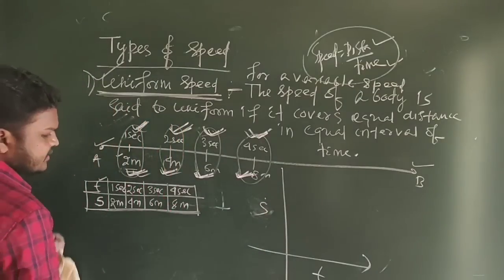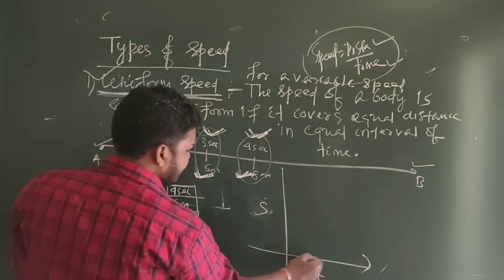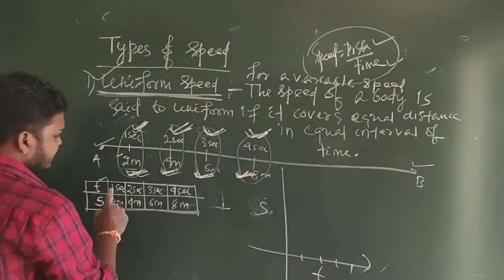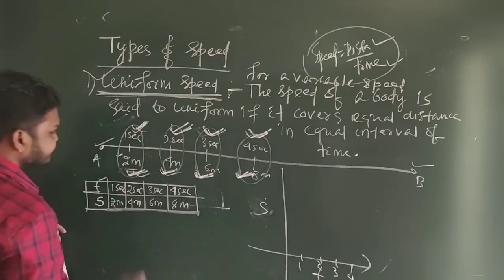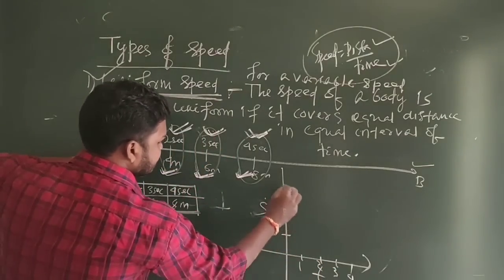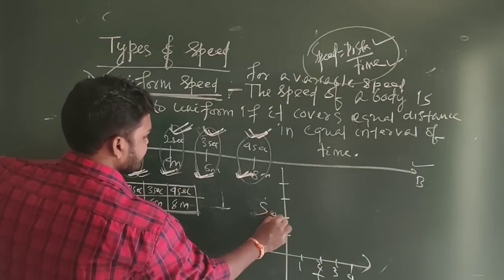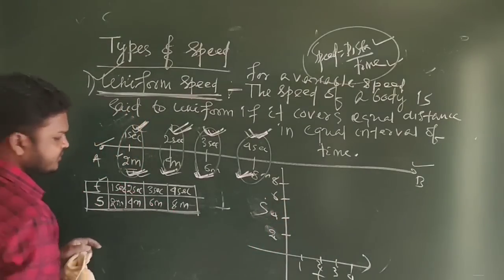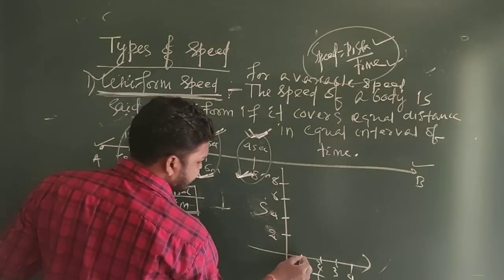distance, remember that 1 second, 2 seconds, 3 seconds, 4 seconds, and in this case 2, 4, 6, 8. We know that in this tabulation, in 1 second the body covers 2 meter distance.